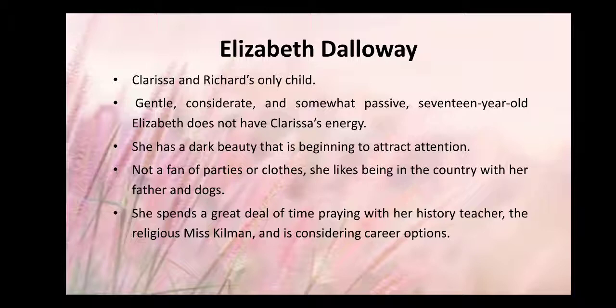She has a dark beauty which is now beginning to attract the attention of others. She's not a fan of parties or clothes, but she likes to be by herself in the country with her father and her dogs. She spends a great deal of time praying with her history teacher, the religious Miss Kilman, and is considering looking into her career options for her future.